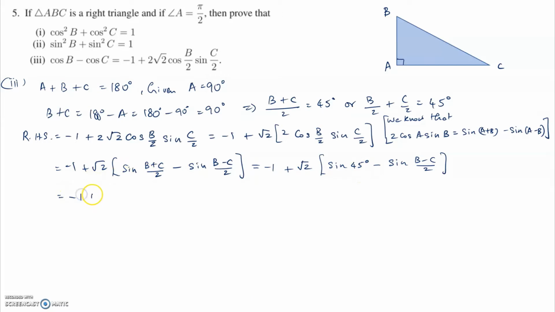So this is equal to minus 1 plus root 2 within bracket, instead of sine 45 degrees, you say 1 by root 2 minus sine B minus C divided by 2. Now taking the root 2 inside, this becomes minus 1 plus root 2 into 1 by root 2 minus root 2 into sine B minus C by 2.